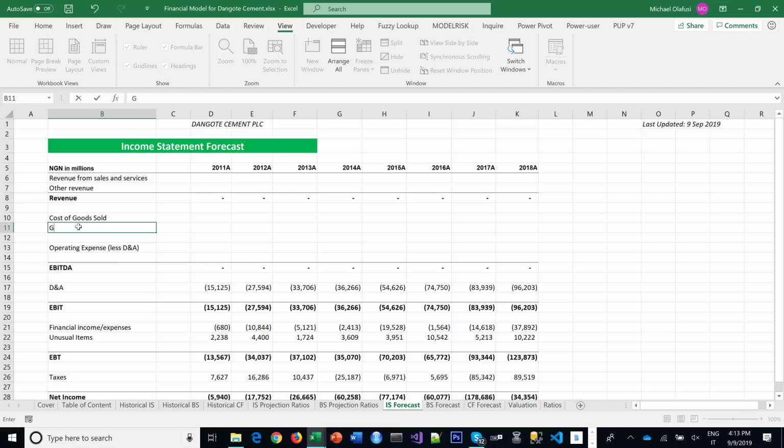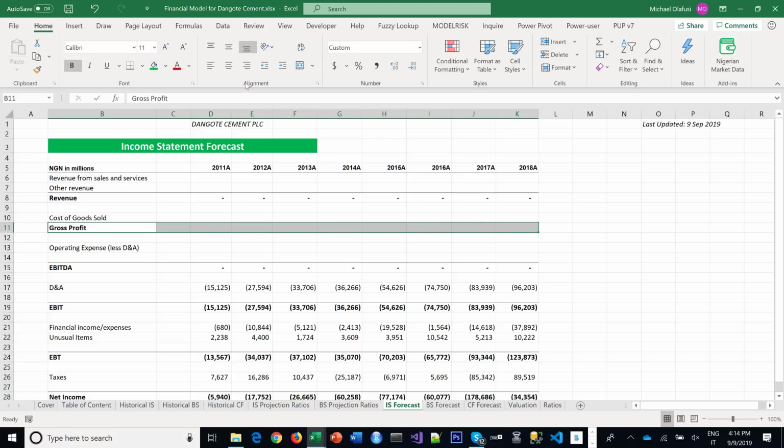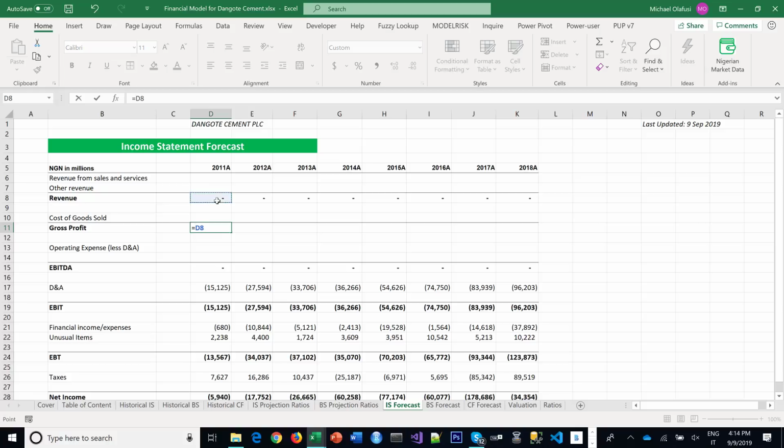We can call this our gross profits. Can give it a top border, and it's going to be this plus this.